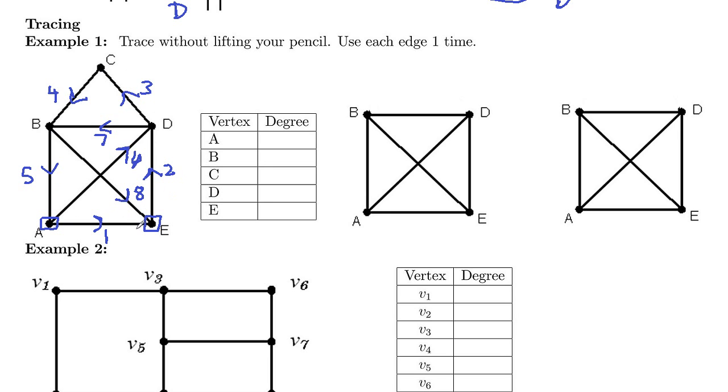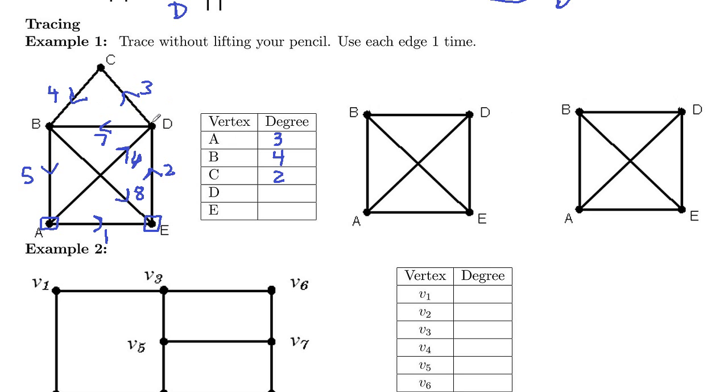Well, let's see what's going on. That is actually related to the degrees of the vertices in the graph. So let's list the degrees of each vertex. Vertex A has degree 3. Vertex B has degree 4. C has degree 2.